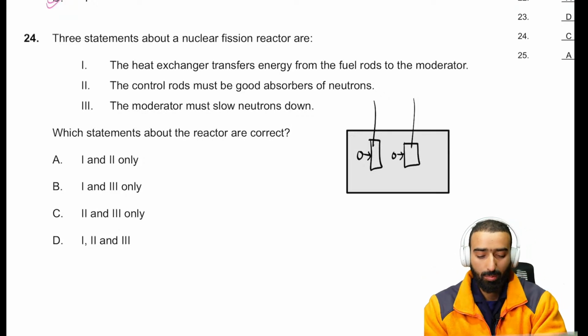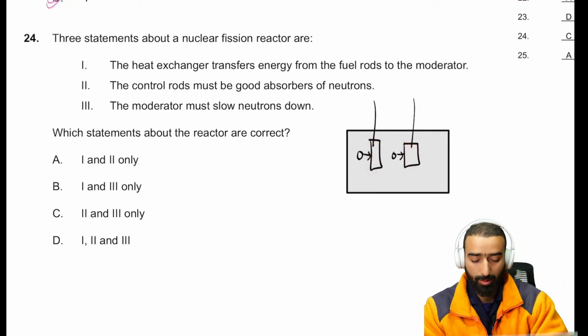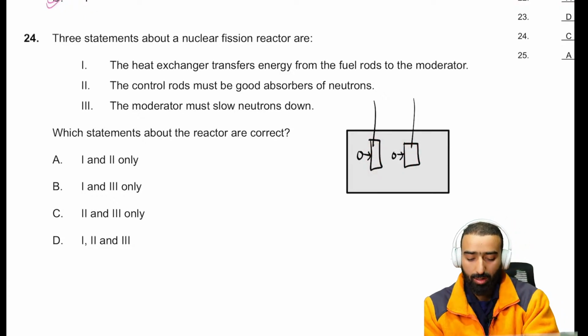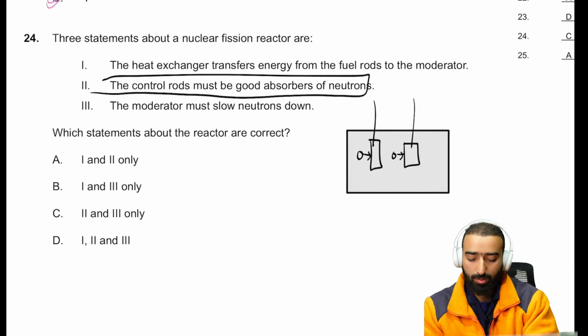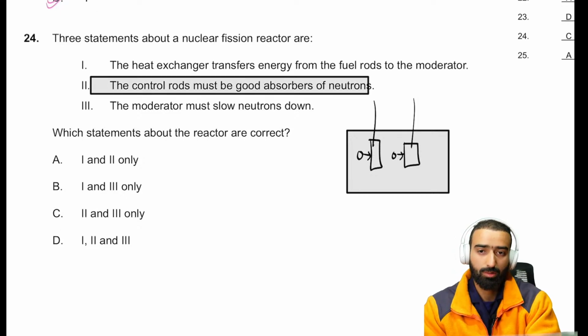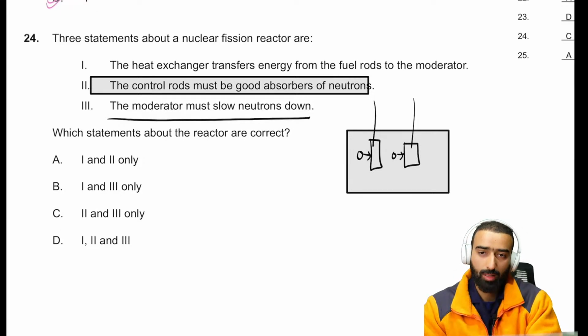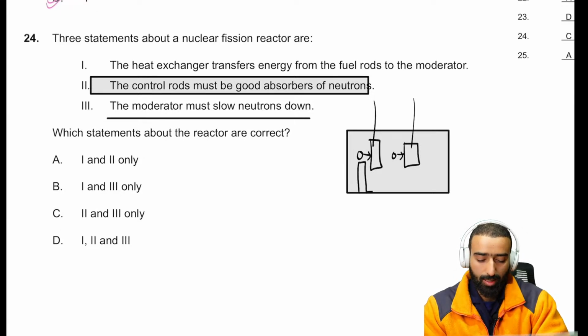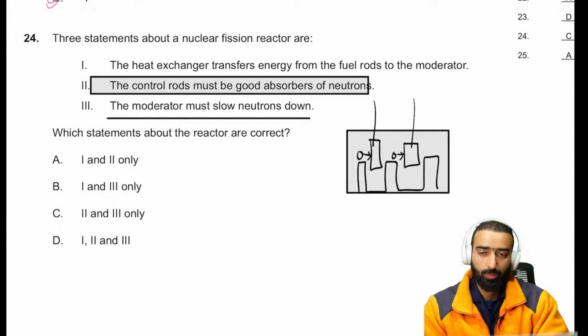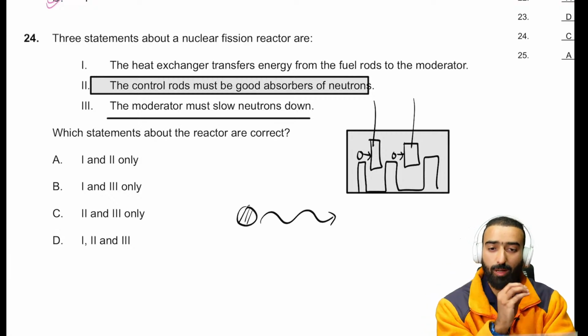So we place a control rods in there. So control rods must be good absorbers of neutrons to control the rate of reaction. And what does this moderator do? When a neutron is emitted, it moves very fast.